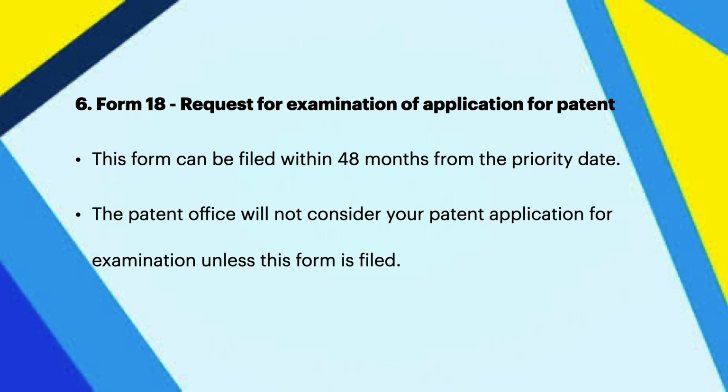So if you want your application to be examined, along with whatever others filed before you, and see what the credentials of my invention are, you need to submit Form 18, called the request for examination of application.